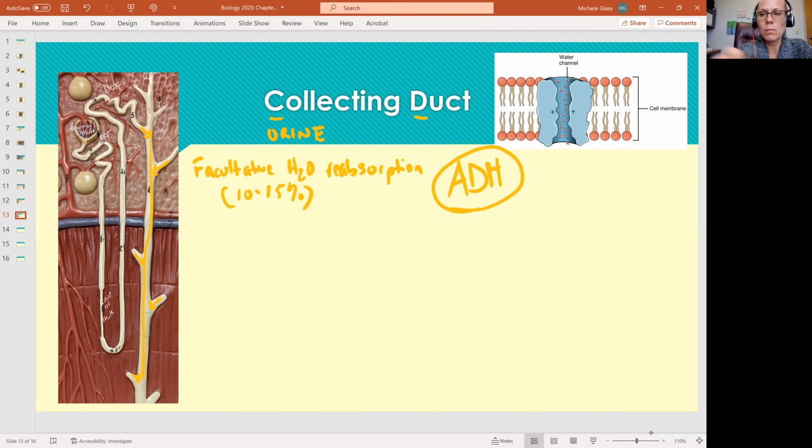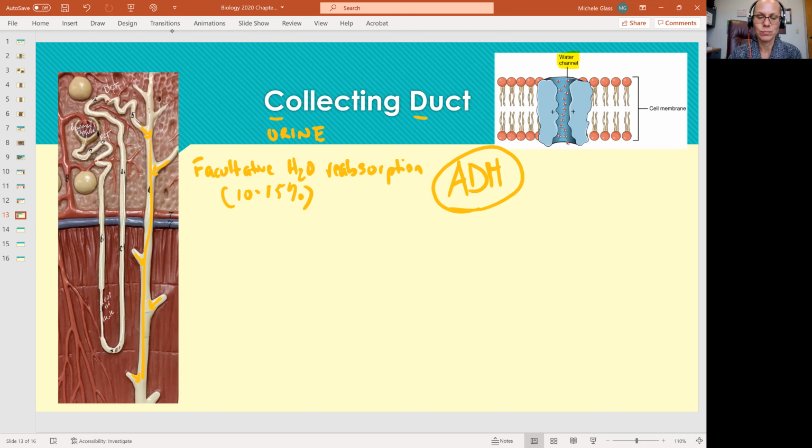We said, remember, that the cells have these, we called them aquaporin channels. Here it's labeled as a water channel. It's talking about the same thing. So this is a special protein that can be embedded into the cell membrane to actually facilitate or make it easier for water reabsorption to occur. And so we see that's what ADH does.